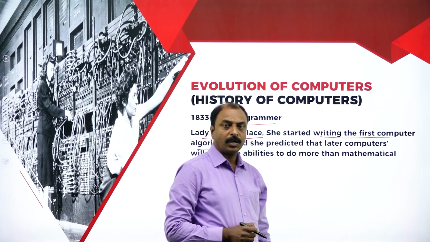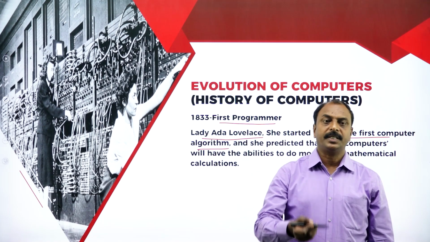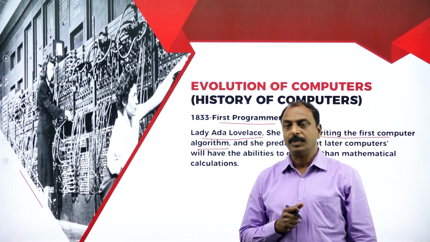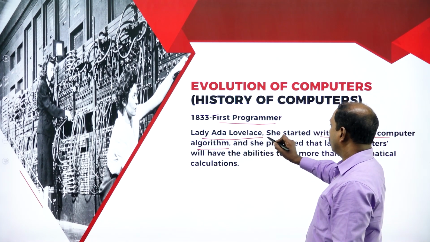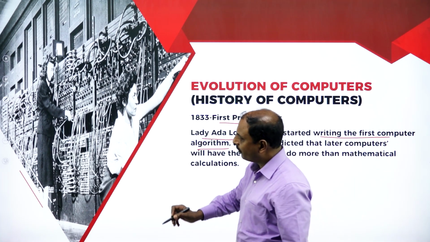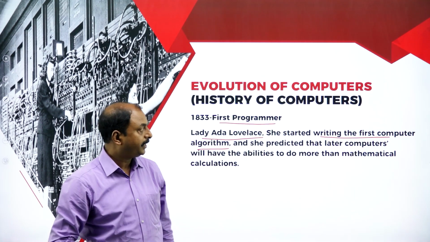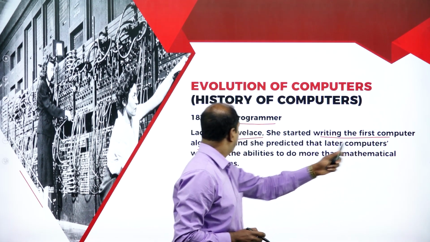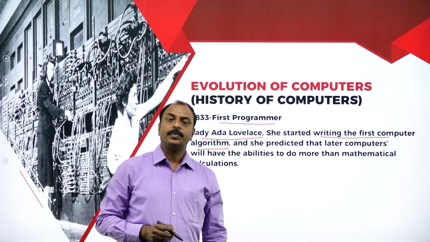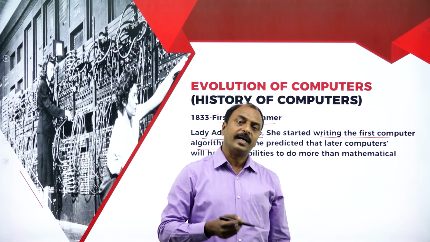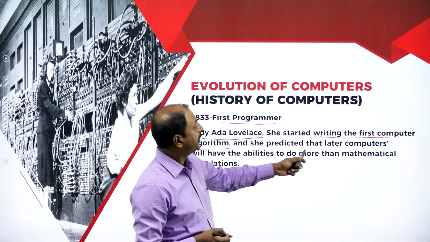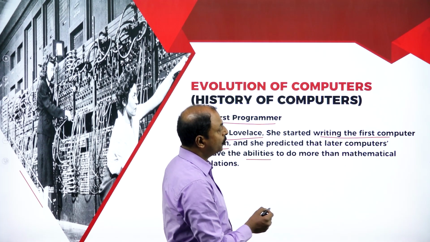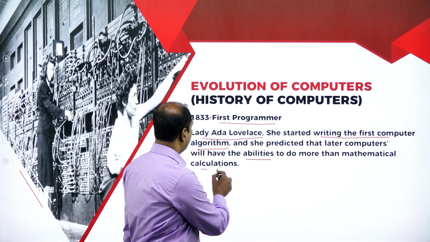So what is an algorithm? An algorithm is a set of instructions, a step-by-step procedure to solve a problem. As she worked with Charles Babbage for many years, she started writing the first computer algorithm for a particular application or calculation. She predicted that later computers would have the ability to do more than mathematical calculation.